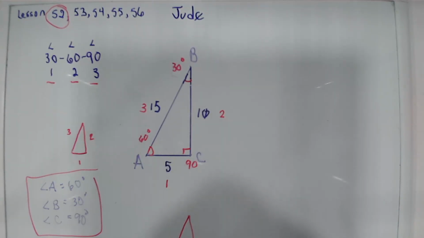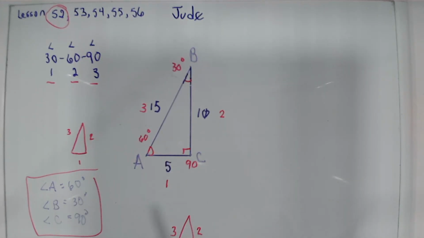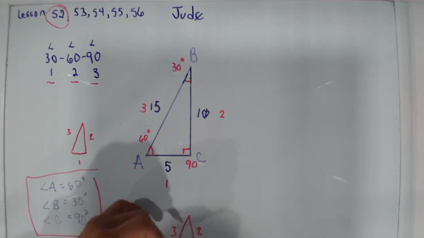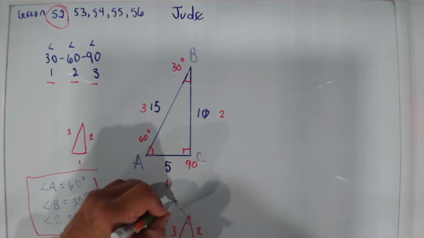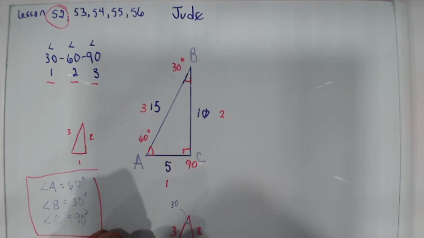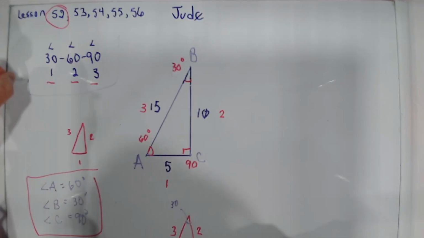It's going to be a triangle like this with a ratio of 1 to 2 to 3, because that's the only way you can build this, where you're going to have an angle of 30 degrees, an angle here of 60 degrees, and an angle here of 90 degrees. And that fits our 30, 60, 90 triangle.